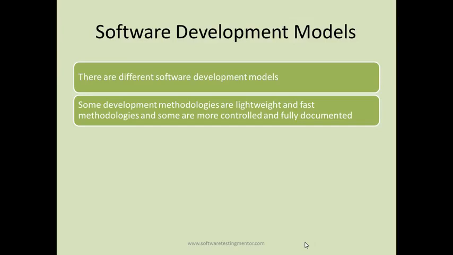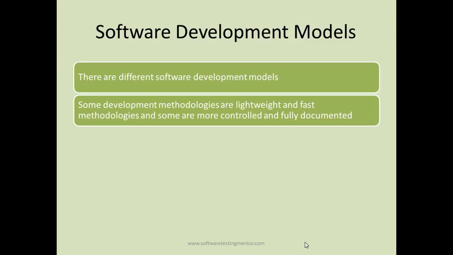But nowadays there are very lightweight and fast methodologies like agile. Agile development methodology is very fast and lightweight because there is not much documentation involved. Very minimal documentation is done in agile methodology, and there are sprints of 2 to 4 weeks cycle.